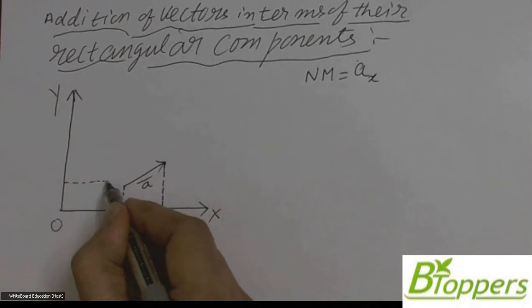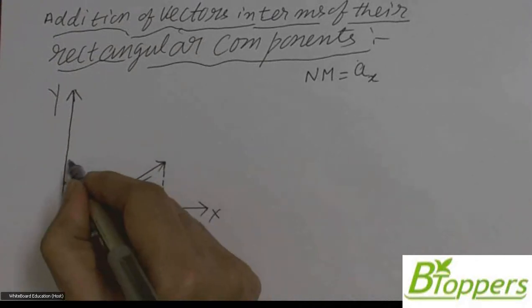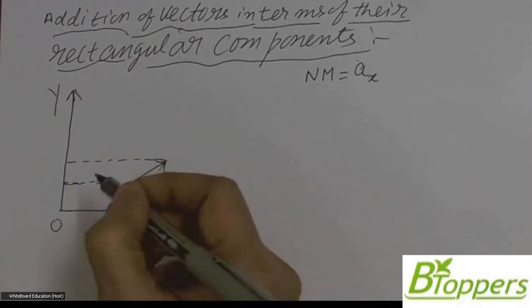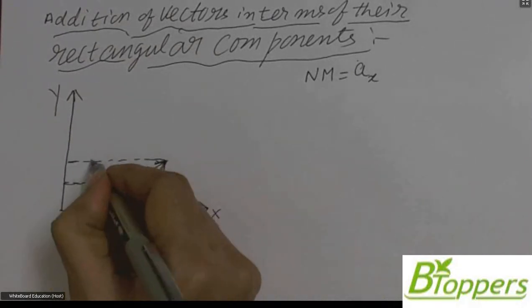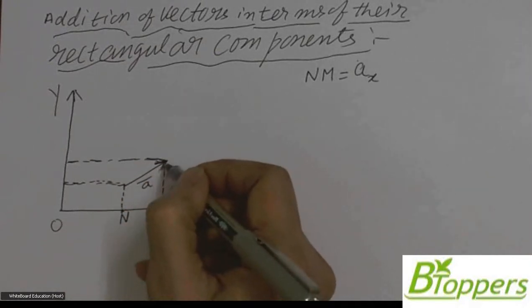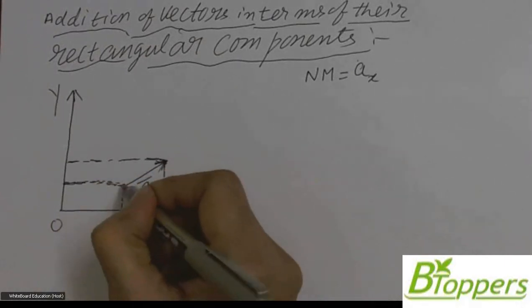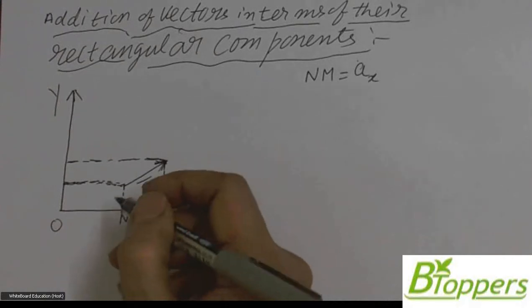Similarly, you can drop a perpendicular from the tail of the vector a bar on the y-axis. Next, drop a perpendicular from the head of the vector a bar on the y-axis. Of course, you can draw better by using a scale.